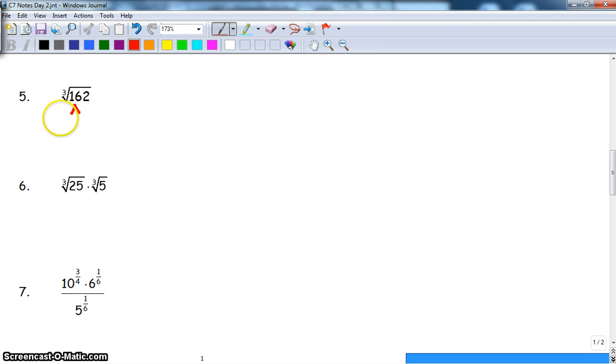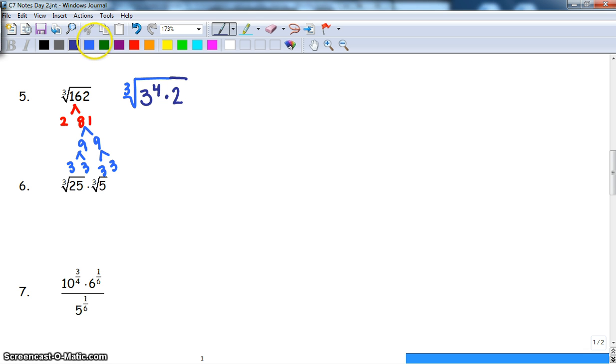I'm going to use a factor tree because that's easiest for me. 2 times 81, 9 times 9, and that's 3 times 3, 3 times 3. So this can be written as 3 to the 4th times 2.